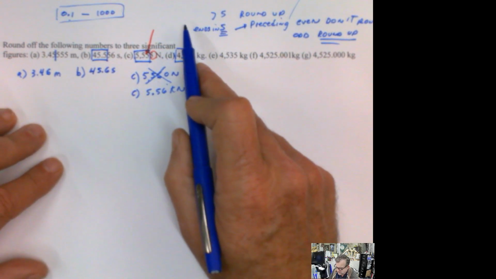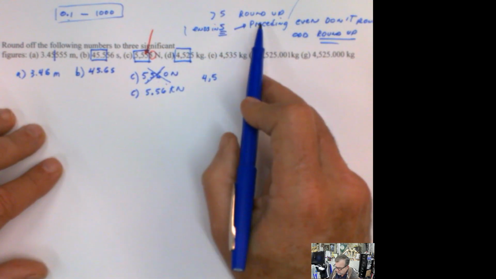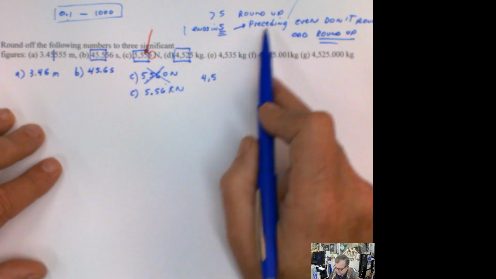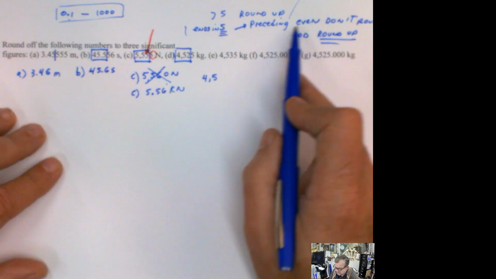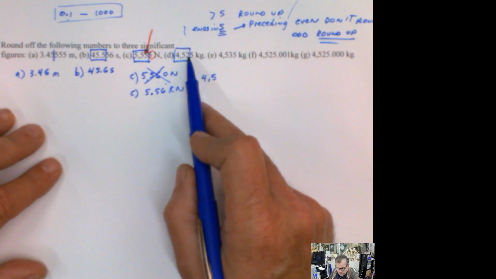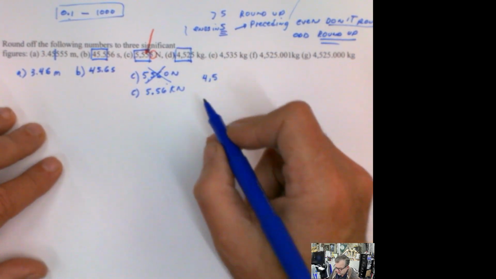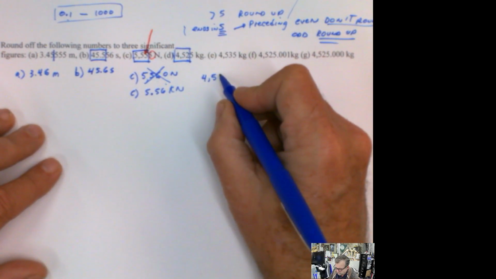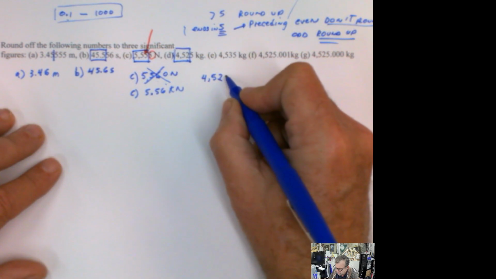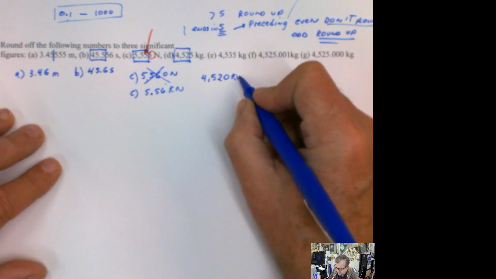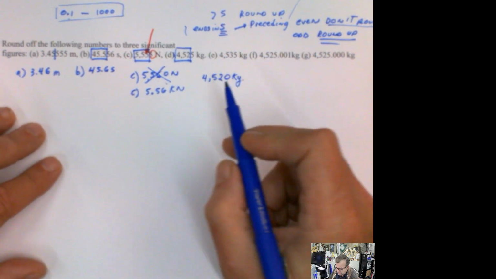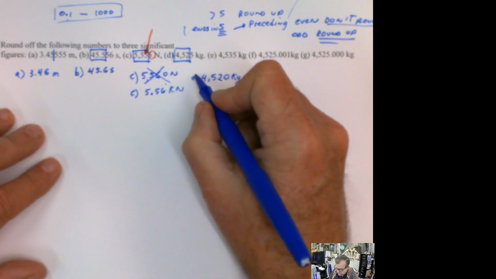If it ends in 5, we have to use this rule. Now we look at the number preceding that 5. The number preceding that 5 is a 2, and because it's a 2, then you don't round up, you truncate at that point. So that will be 4.520 kilograms. Once again, that will be the answer for D.